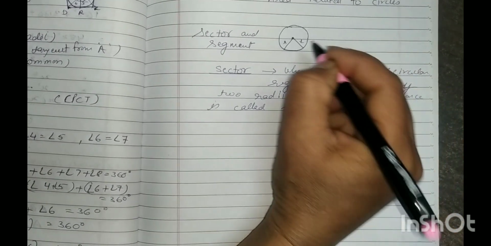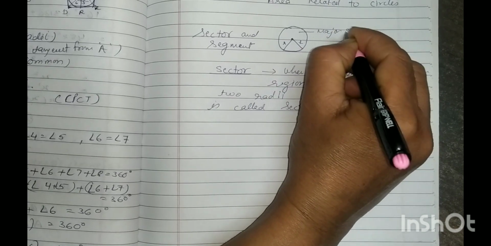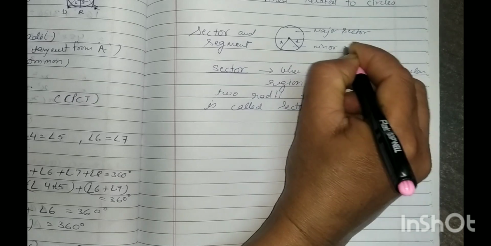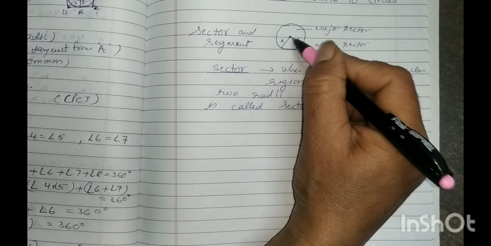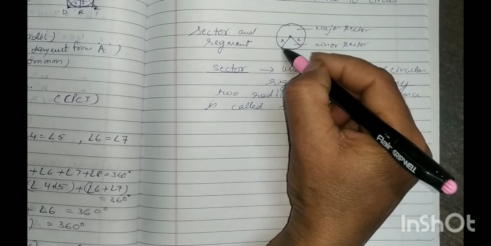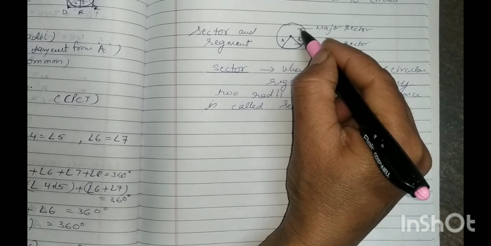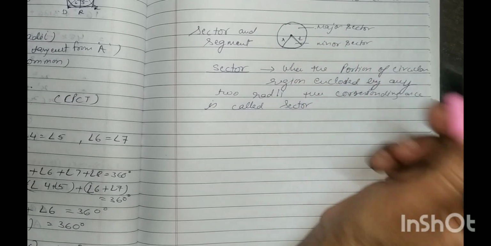In this circle, there are two sectors, a major sector and a minor sector. When the circular region is enclosed by two radii, then we call it a sector. जो बड़ा है major sector, छोटा minor sector.